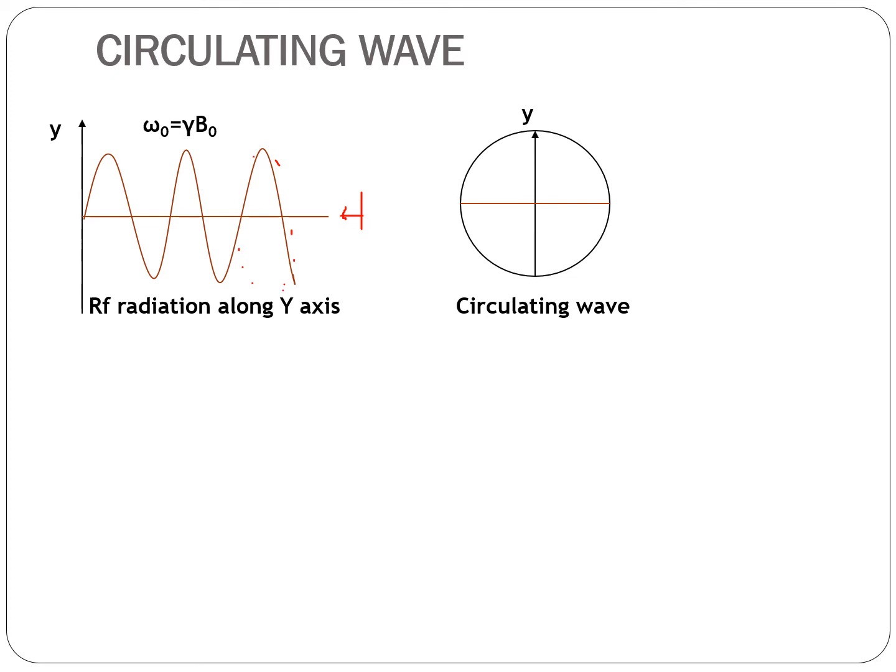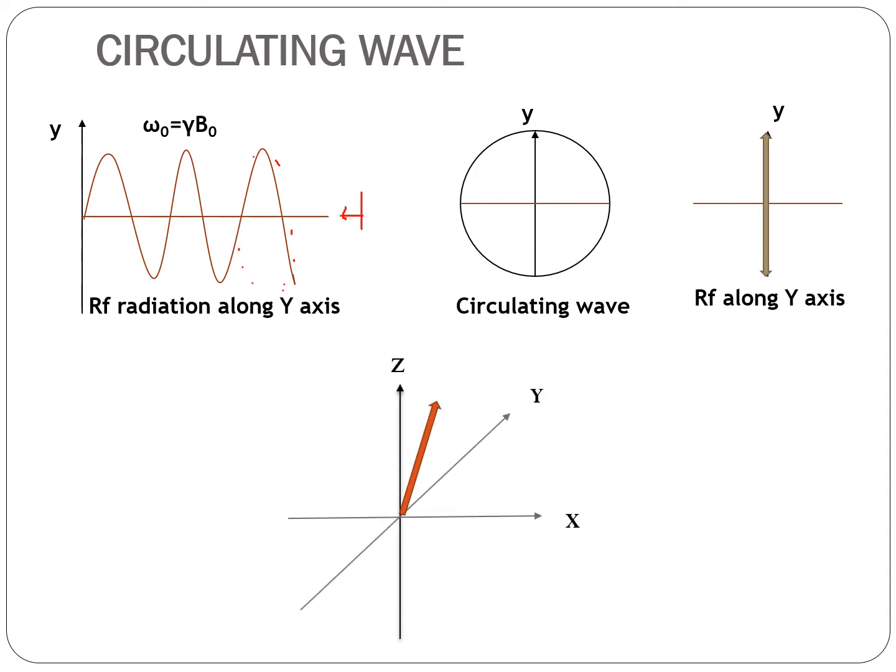That is called a circulating wave. The direction of the circulating wave is along the y-axis, because we are passing the circulating wave along the y-axis, so we can take the y-axis as a reference. So the RF is passing through the y-axis as a circulating wave.